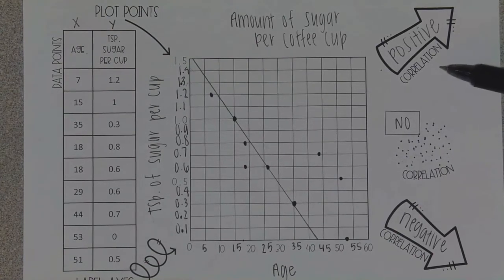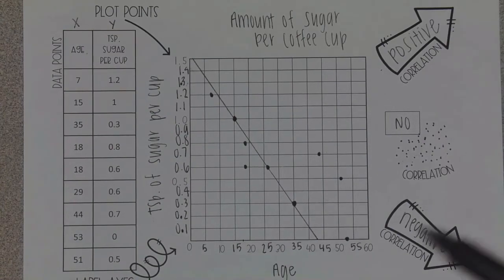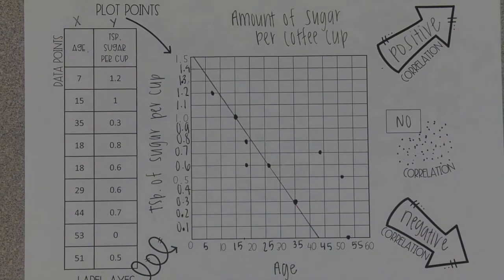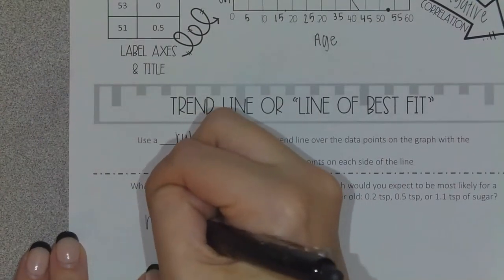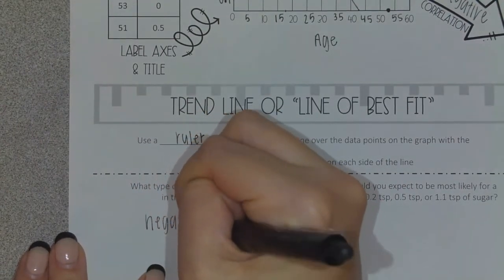Something that could have positive correlation would be, let's say, how many minutes you study and your grade on a test or a project. So the longer you study, typically the better your grade gets, so they're both increasing together. But when we look at our graph, we do have a negative correlation. As age increases, our teaspoon of sugar per cup is decreasing. So we have a negative correlation.